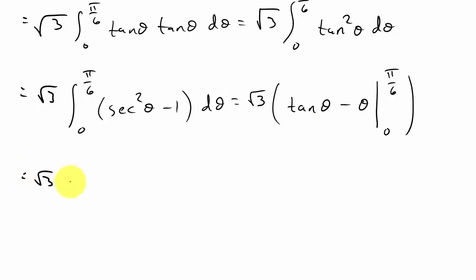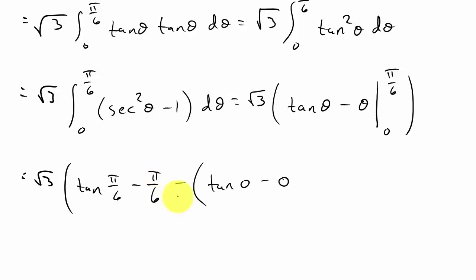So I get square root of 3 times tangent of pi over 6 minus 0 minus, and then plug the 0 in, tangent 0 minus 0. And I'm sorry, I messed up. I plug the pi over 6 in for theta, and I get tangent pi over 6 minus, and then I have to plug the pi over 6 in for theta, so that's minus pi over 6. Okay, I guess I was looking at the 0 when I wrote it down.